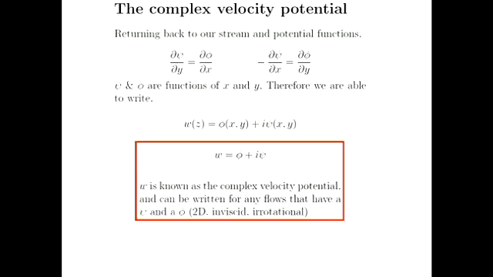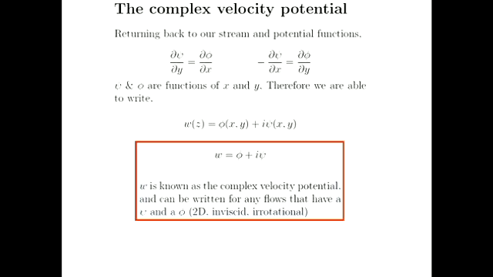Okay, so if you refer back to our definitions for the stream and potential functions, what this means is that I can write a complex function W, which I'm going to call the complex potential function, which is a function of that complex coordinate Z, is just equal to phi, the potential function, plus i psi, i multiplied by that stream function, okay?